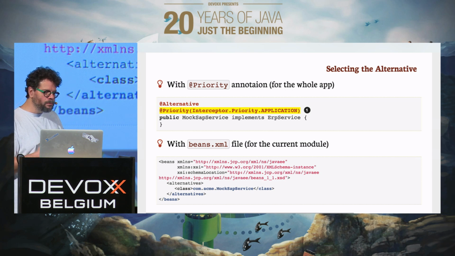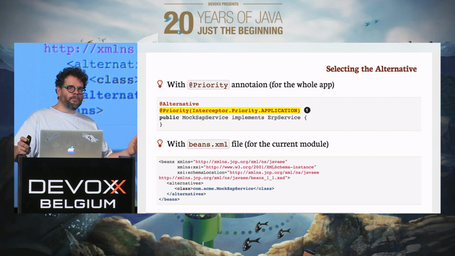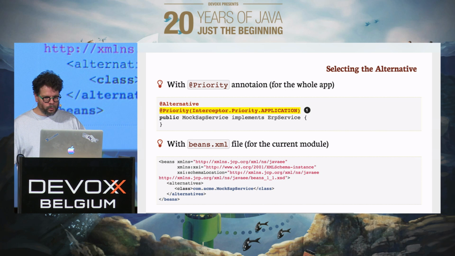By doing this, you also have the possibility to have multiple alternatives and give a priority for each alternative, so the alternative with the lower priority is injected in the injection point.